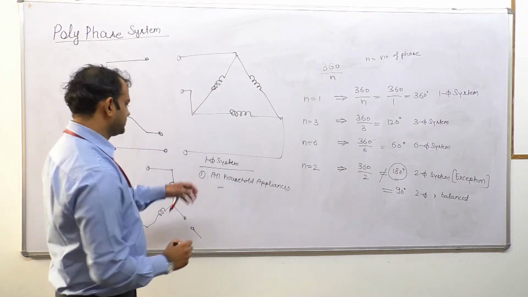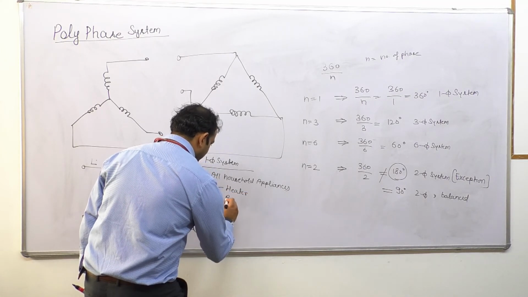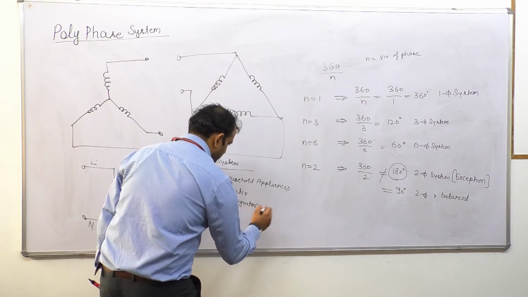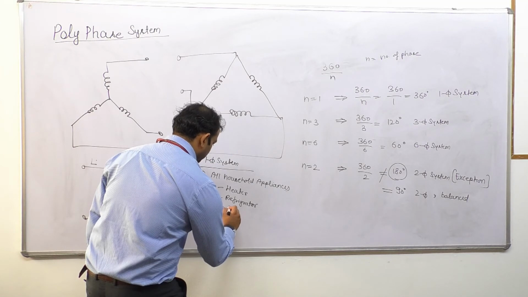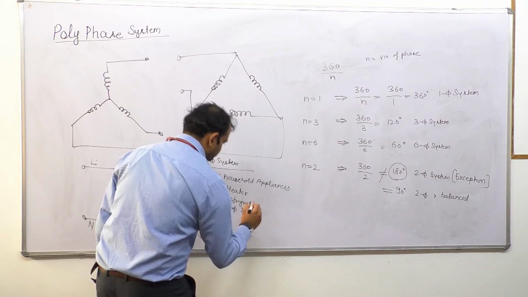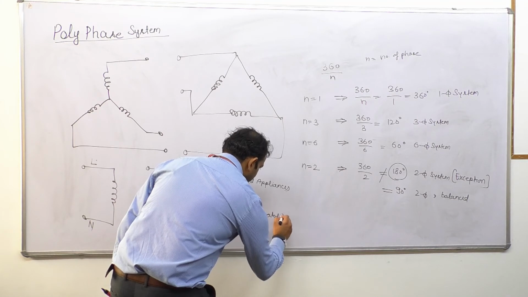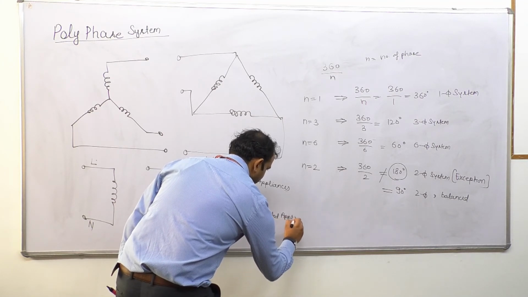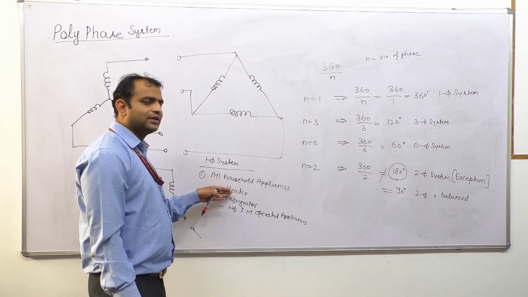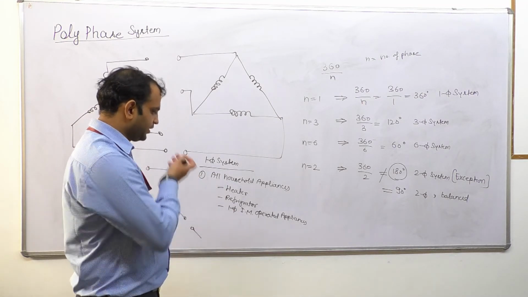In these we can say heater, refrigerator, fan, and single-phase induction motor operated appliances. In the case of a refrigerator there is a pump, and to drive that pump we use a single-phase induction motor.